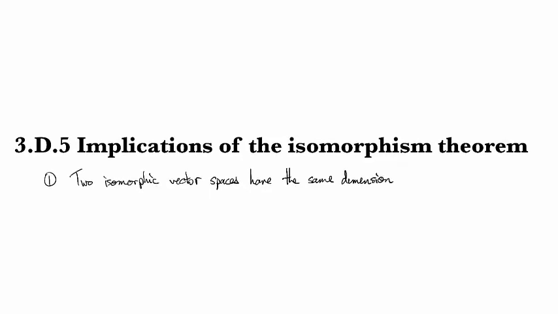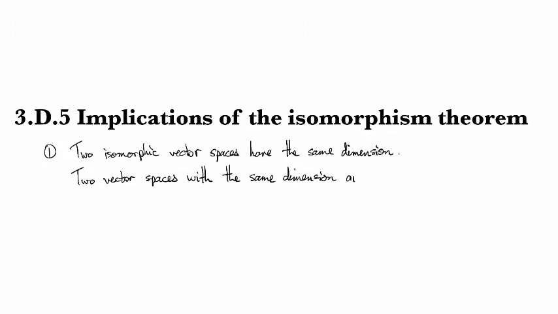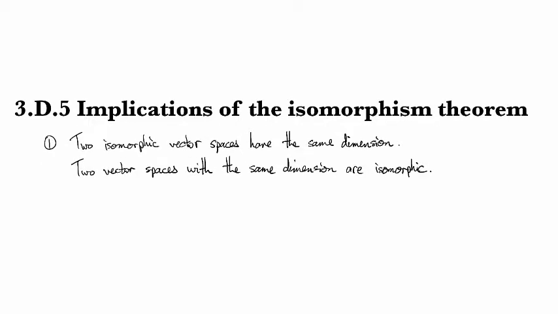And also, two vector spaces with the same dimension are isomorphic. And if you want to write down the isomorphism, it's actually really easy.